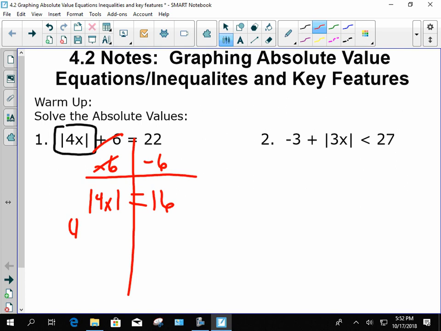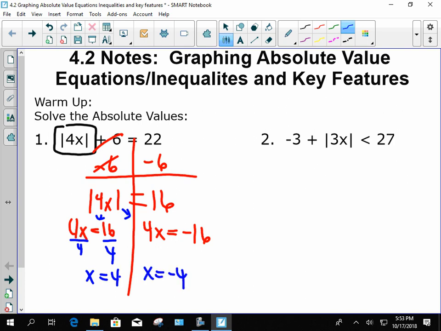So then I go 4x equals 16, and 4x equals negative 16. Remember I set it equal to the positive and negative answer, so I divide by 4. X equals 4, x equals negative 4.